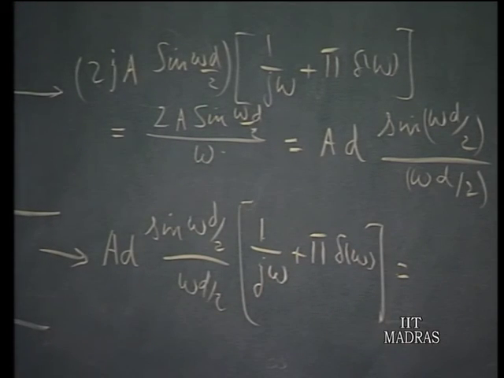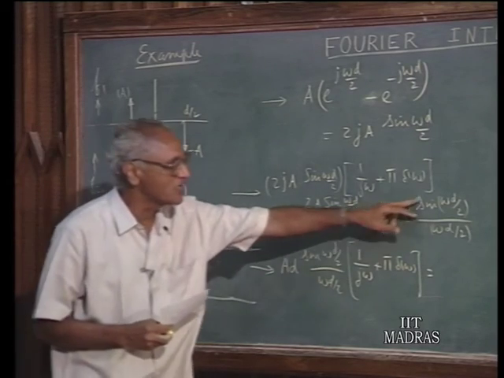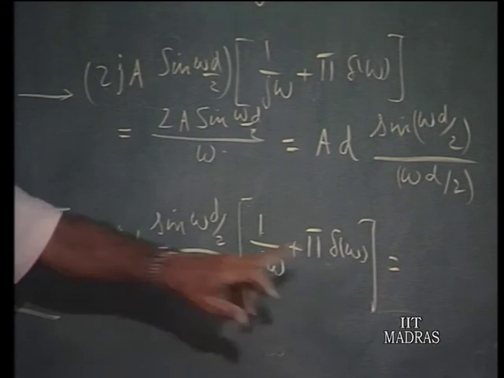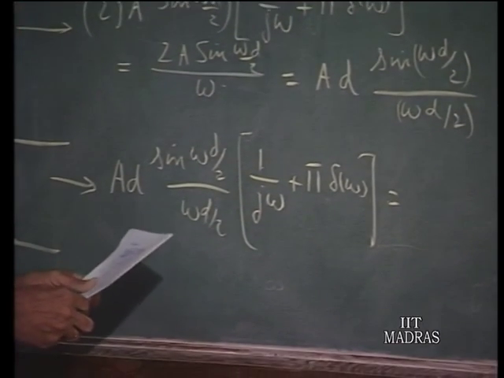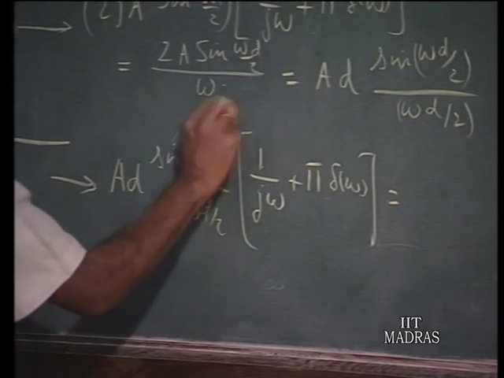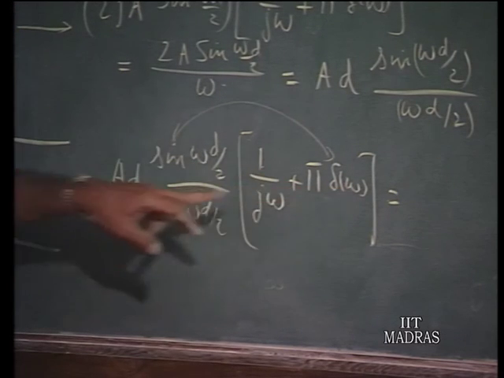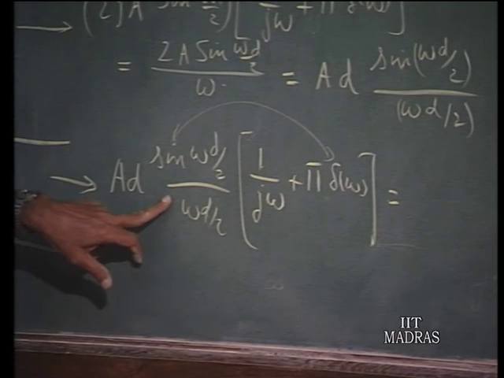And now, F2(0), that means the Fourier transform of this evaluated at omega equals 0, is not 0. Therefore, the second term also has its place; it is not going to vanish. So, if you write this, we have first of all the product of these two: delta omega multiplied by a certain function is equal to that function evaluated at omega equals 0 multiplied by the delta.